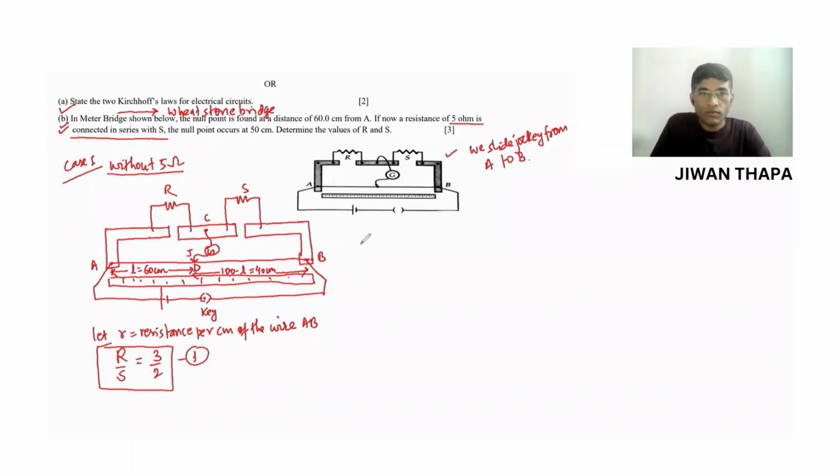Now let us consider case 2, okay, with 5 ohm connected in series with S. So we are going to discuss this. Okay.